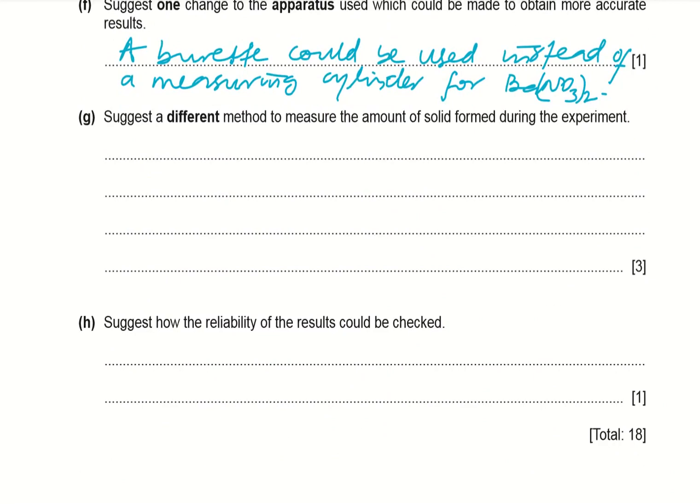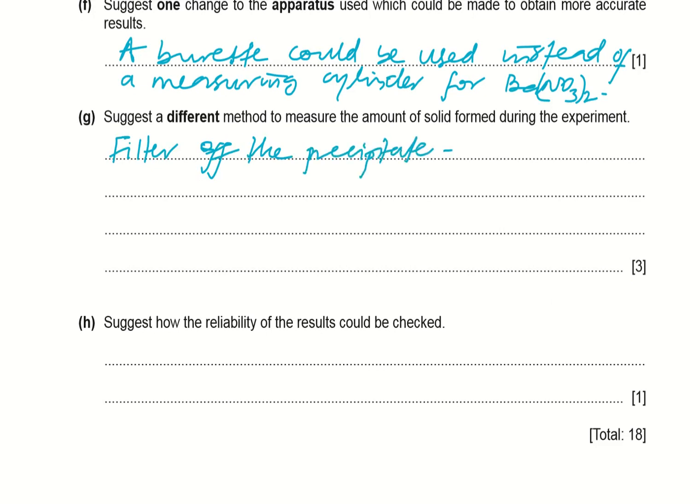So how do you measure the mass? In this case, there's a little bit of a problem. Measuring the mass of precipitates will be difficult because the precipitates are inside the liquid in the test tube. So the first thing to be done is to filter off the precipitate.